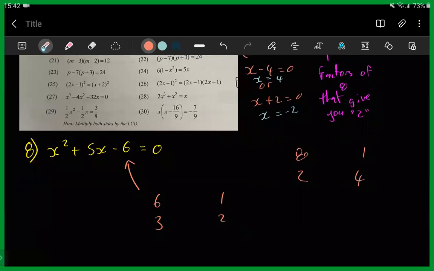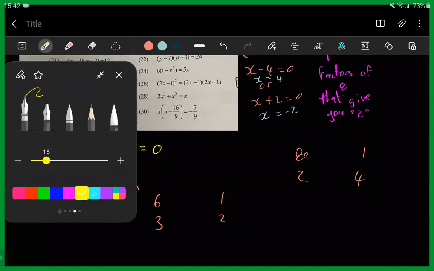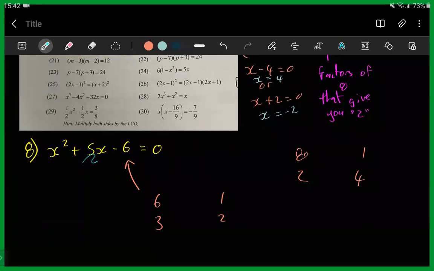So what you need to do now is pick out the ones that will produce a positive 5, but then when you multiply, you need to get a negative 6. If you think of the 3 and the 2, these would not work, because 3 and 2 give a 5 only if you're adding both of them, if both of them are plus.